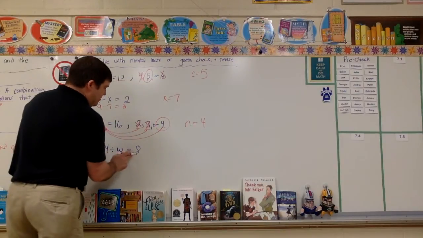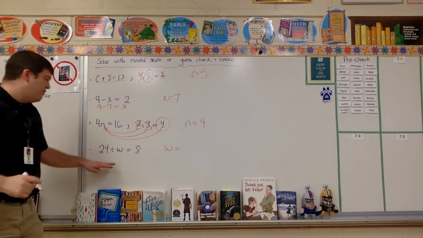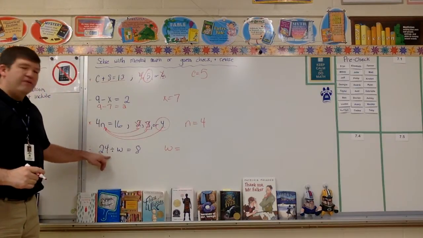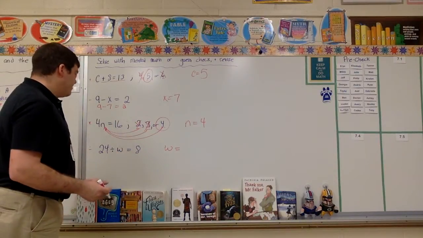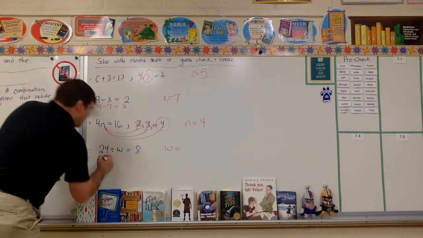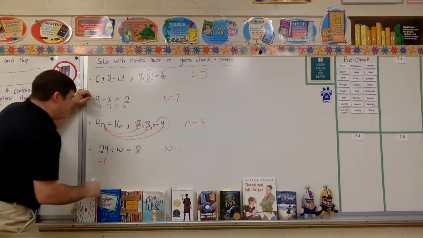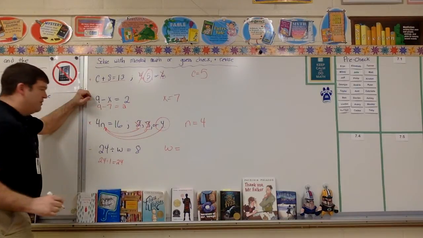Okay. Now let's do a division. 24 divided by w equals 8. I want to find out what w equals. So I got 24 dividing it so many ways. I'm going to get 8. Let me just try, I can do something like this. 24 divided by 1 is 24. Okay, that's way too big.